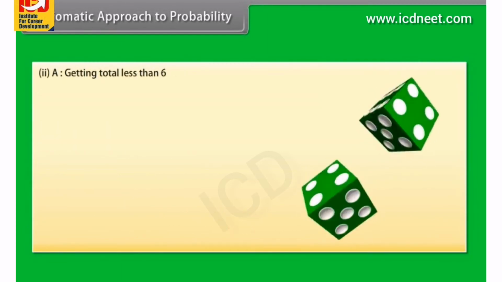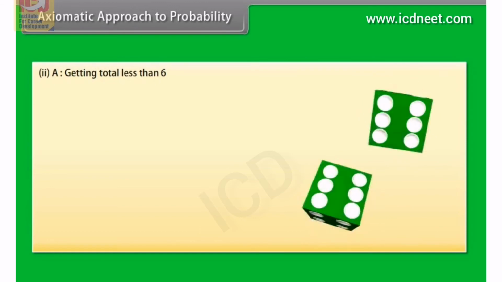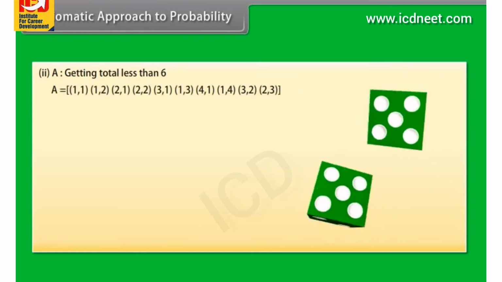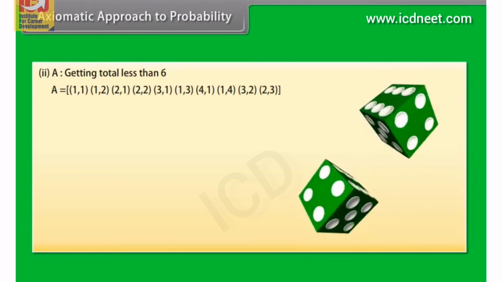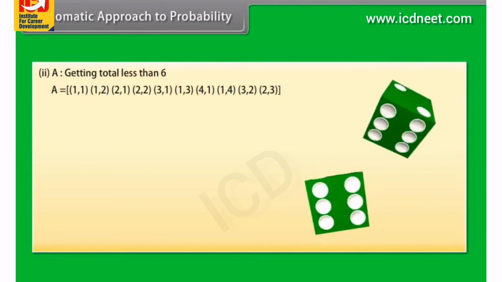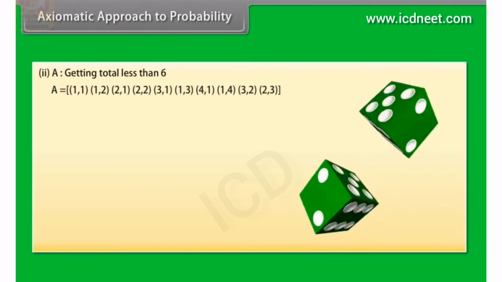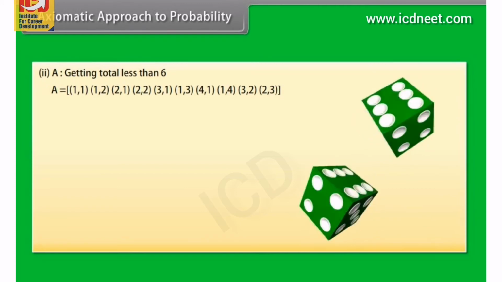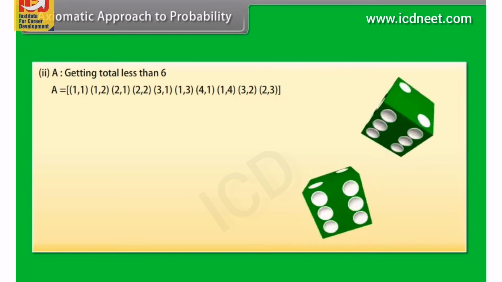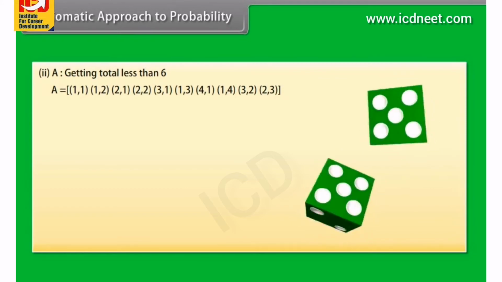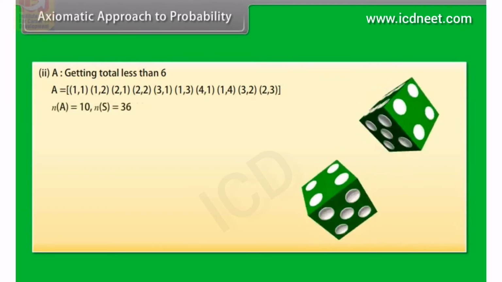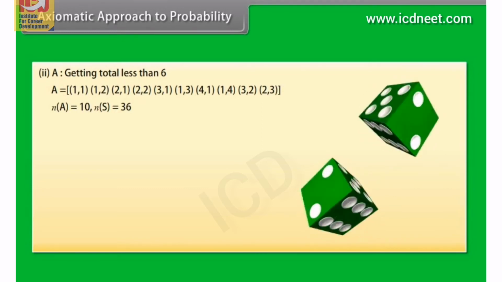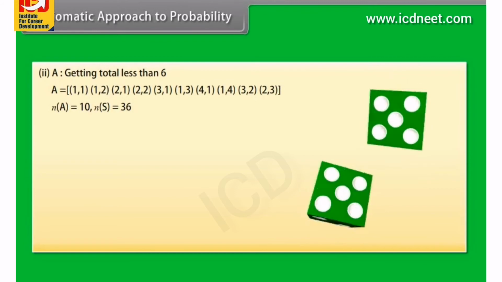2. A: getting total less than 6. A = {(1,1), (1,2), (2,1), (1,3), (3,1), (1,4), (4,1), (2,2), (2,3), (3,2)}. n(A) = 10. n(S) = 36.